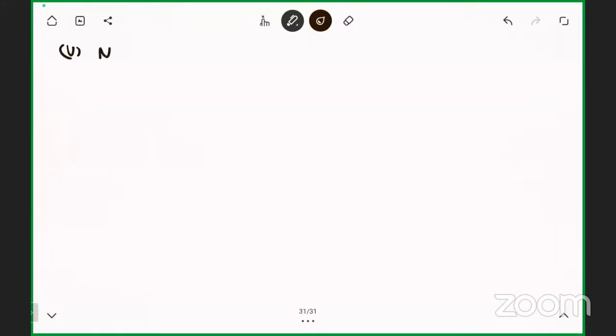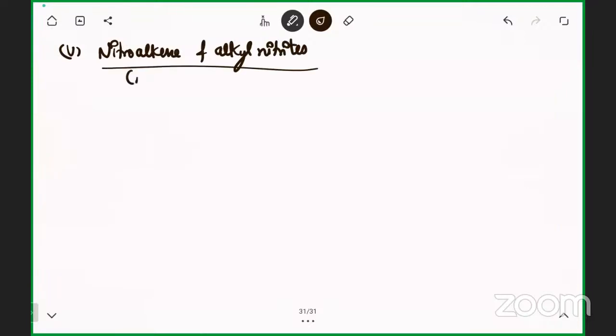Okay, we can take another example of nitroalkane and alkyl nitrite. Nitro, it means we are using the NO2 group. Nitrite, we are using the ONO group.